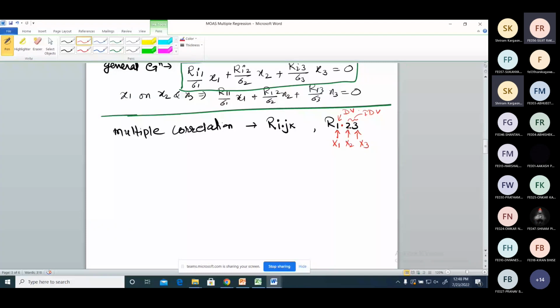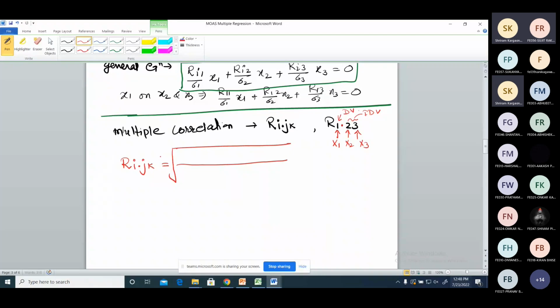Now this is the way of writing the multiple correlation. Okay, so what is the formula? Again, I will write the general formula. You have to observe R i dot jk. Please keep watch how I am writing. It is the square root of the entire term.